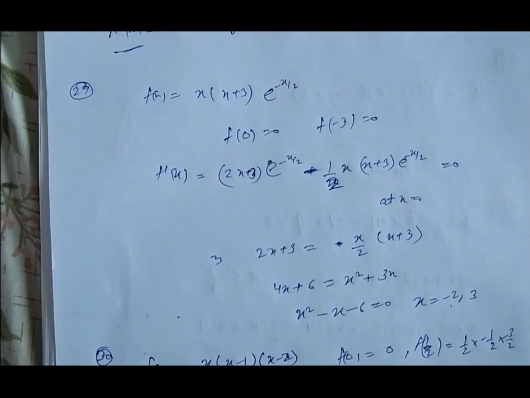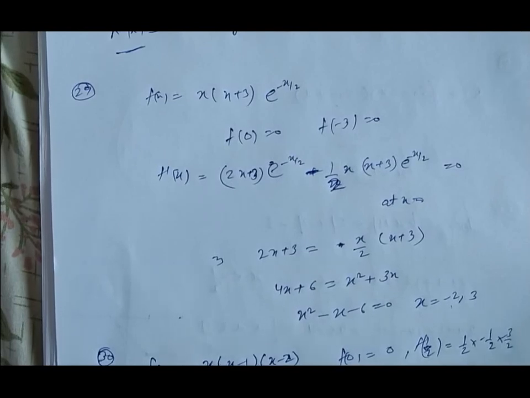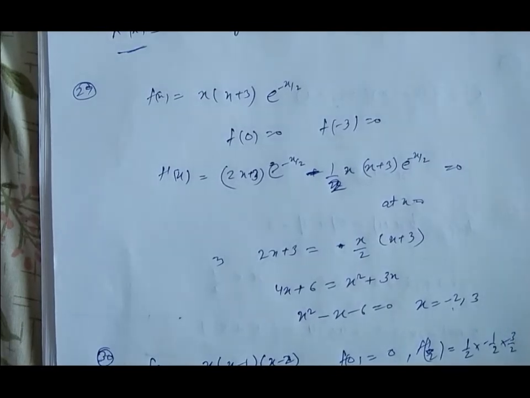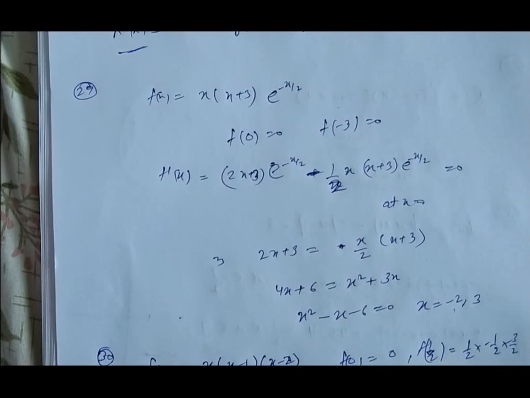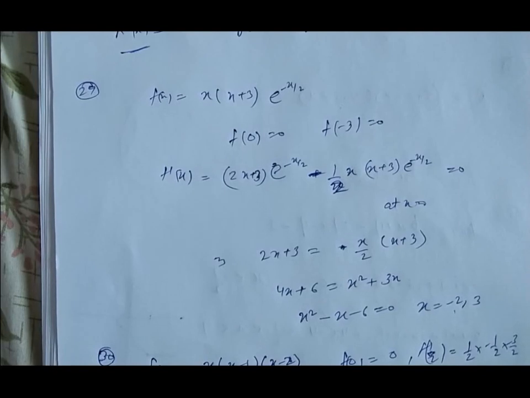So f dash x is equal to x minus 1 into x minus 2 plus x into x minus 2 plus x into x minus 1, which is equal to 3x square minus 6x plus 2. Okay, so this should be equal to f dash c.